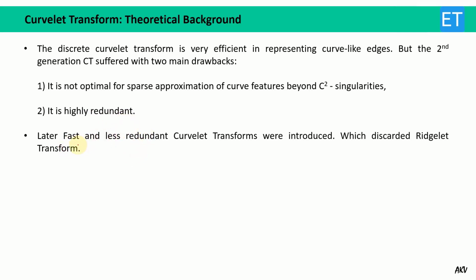But later, a fast and less redundant Curvelet transform was introduced, which discarded the Ridgelet transform. So this fast and less redundant Curvelet transform did not use the Ridgelet transform as it was used in the first and second generation Curvelets.